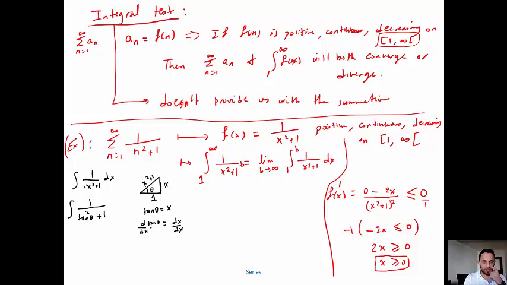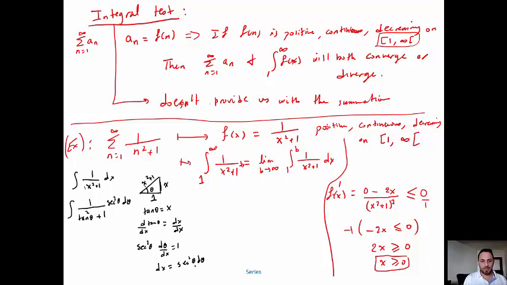The derivative of tangent theta is secant squared theta, d theta by dx equals 1. Therefore, dx can be replaced by secant squared theta d theta. Okay, so this is secant squared d theta.